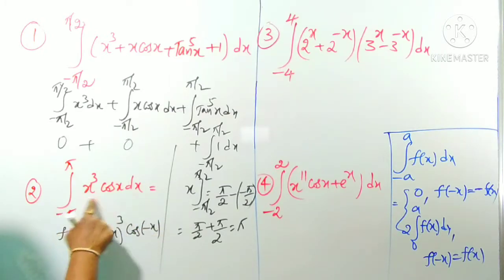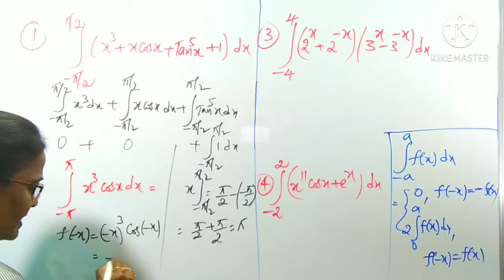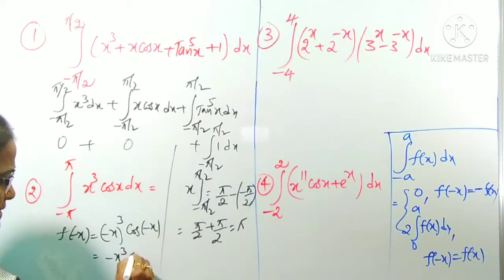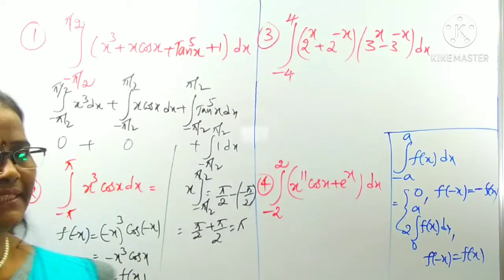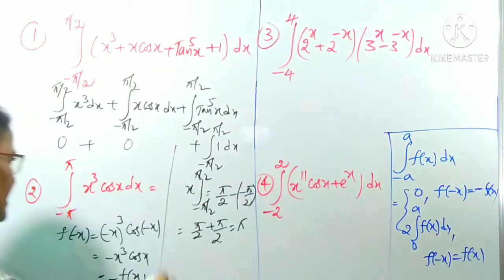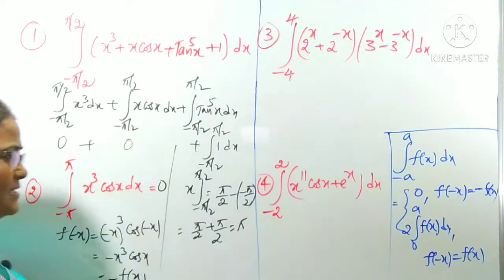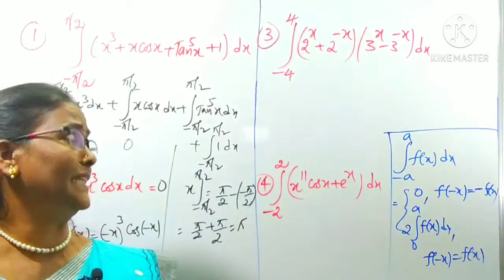Now, minus x whole cube is minus x cube, and cos minus x is cos x. So f of minus x is minus x cube cos x, which is minus f(x). Means it is in the form f of minus x equals minus f(x). Therefore, this resultant value is 0. That's it. Right?